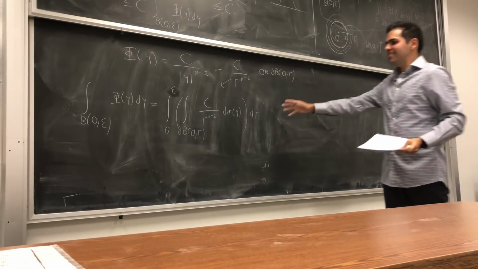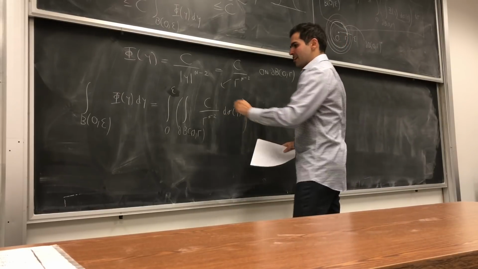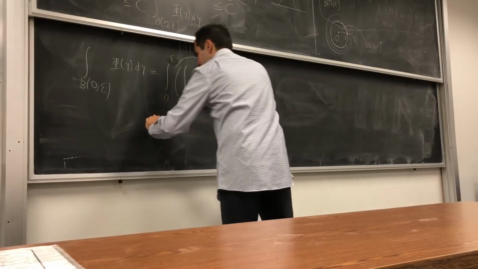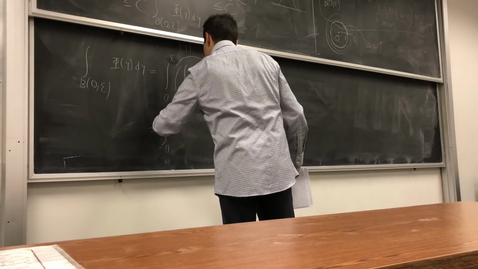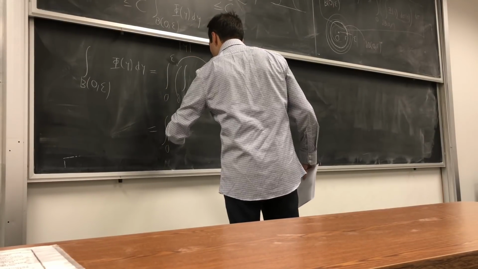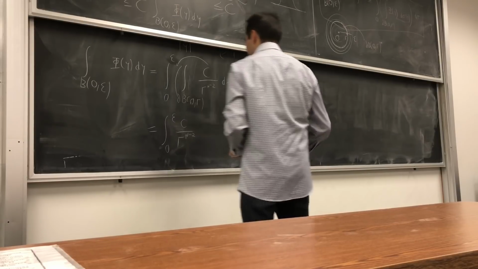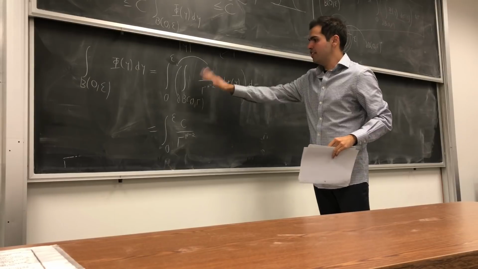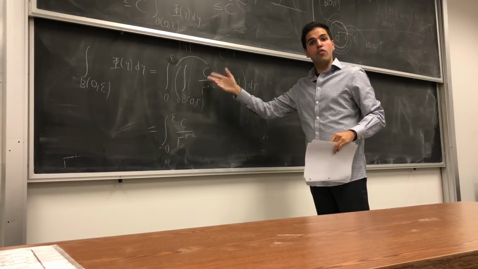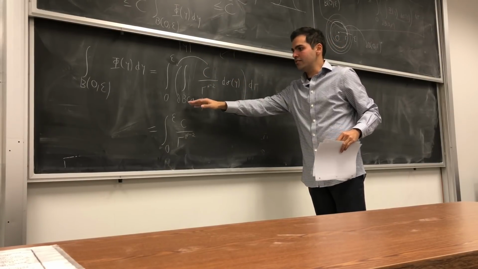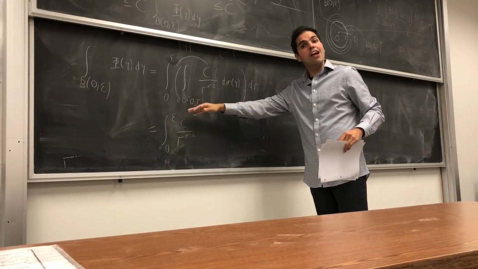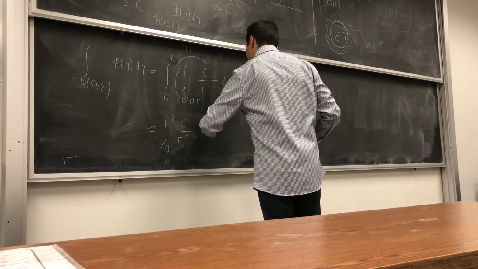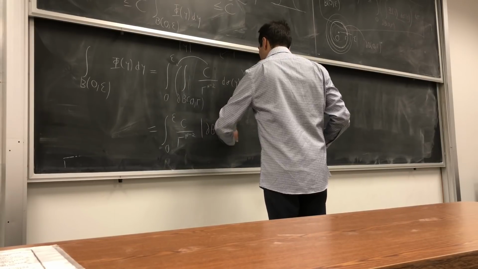Okay, and the nice thing is, r does not depend on y, so we can pull this out. So it's the integral from 0 to epsilon of c over r to the n minus 2 times the integral of 1 of this junk, but the integral of 1 of something is just a measure, like area or volume of this thing, which here becomes the surface area of the sphere.